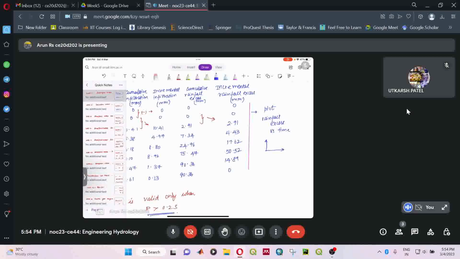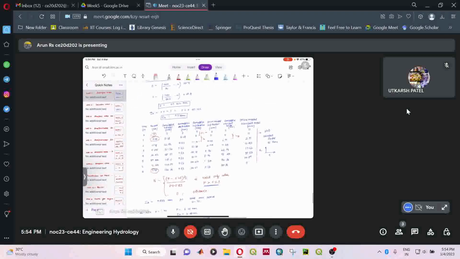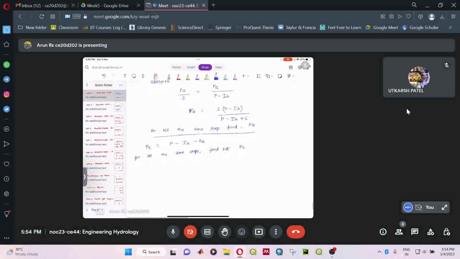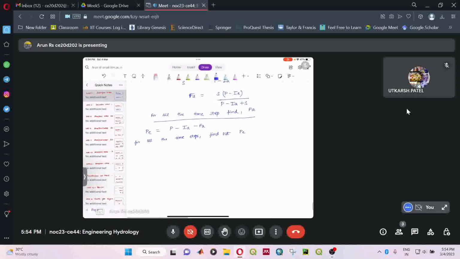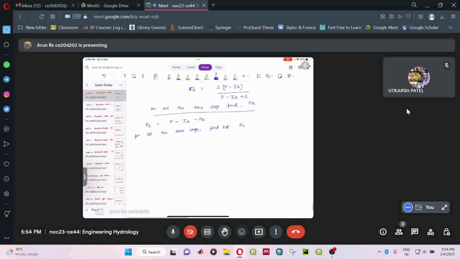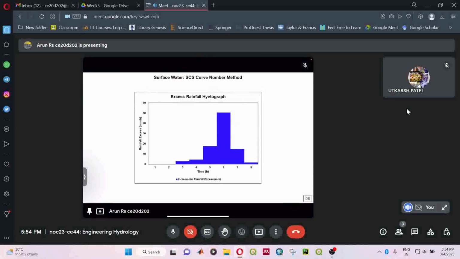So this is your excess rainfall, and this is your time. In the first 2 hours there will not be anything, and in the last hour there will not be anything. In the rest of the time interval, you have the excess rainfall. So I have plotted that also.